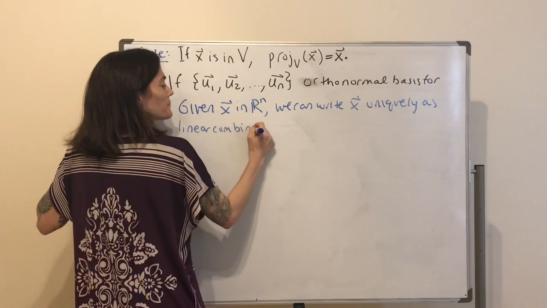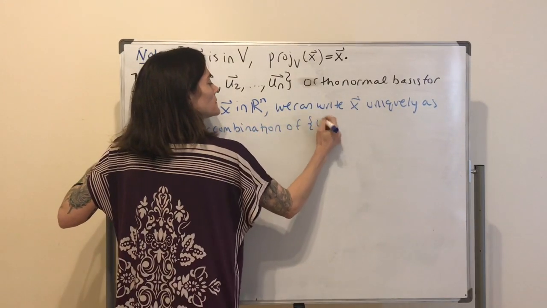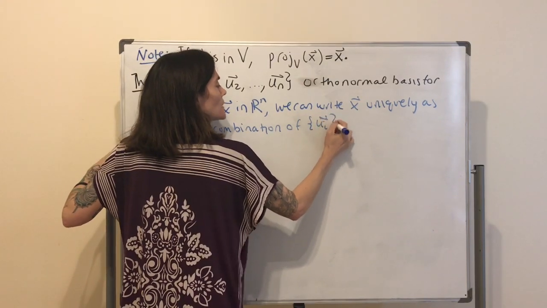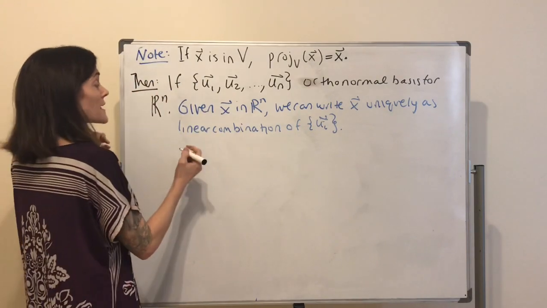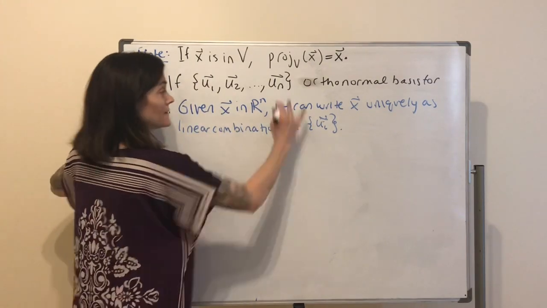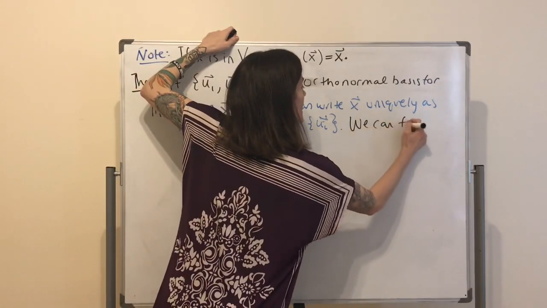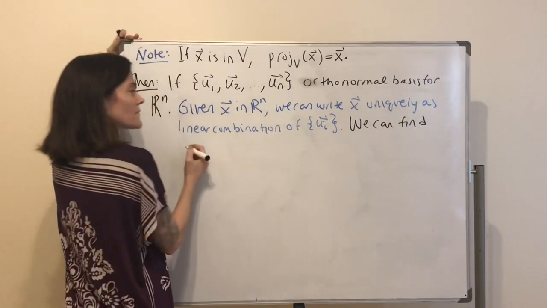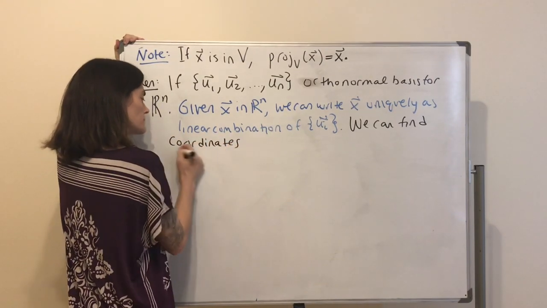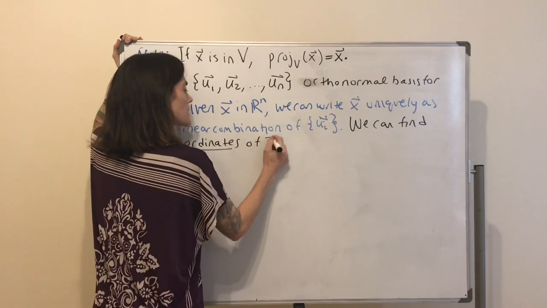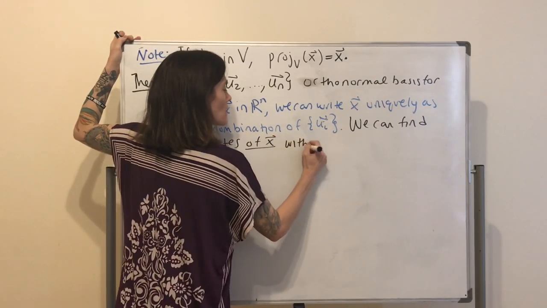This is a combination of this basis. We can find this unique way to write it, and I'll even tell you what it's called. They're called the coordinates of x with respect to this basis.